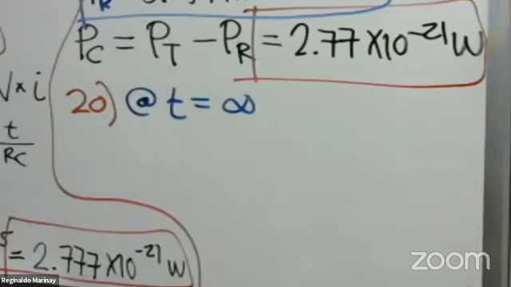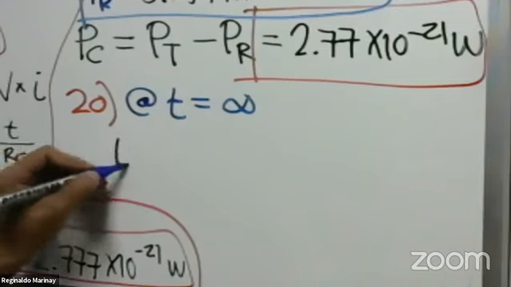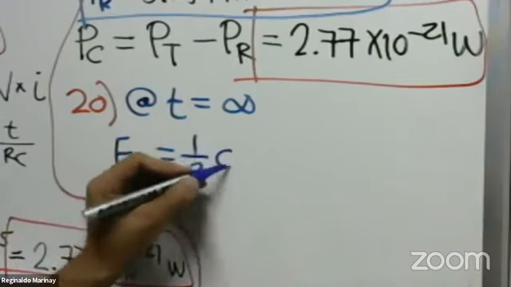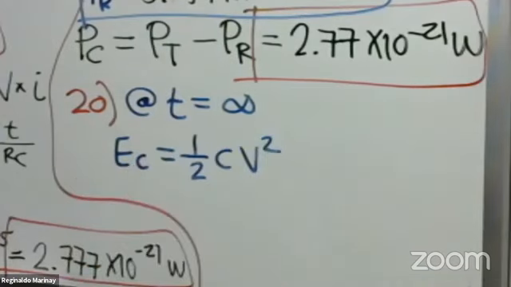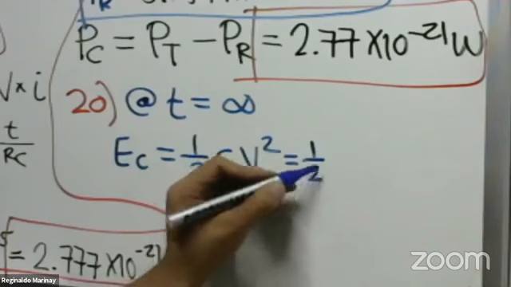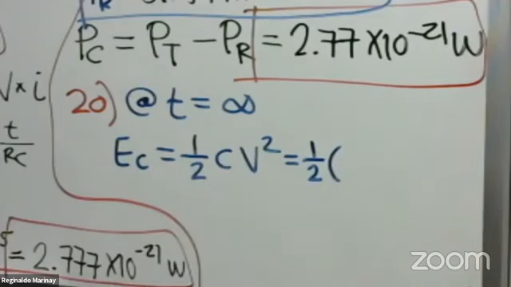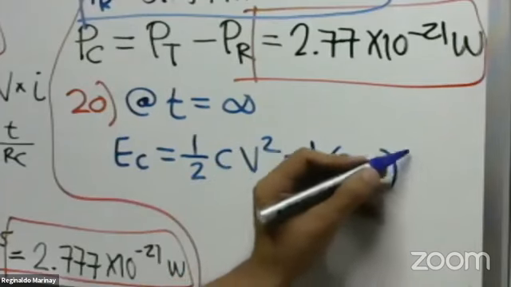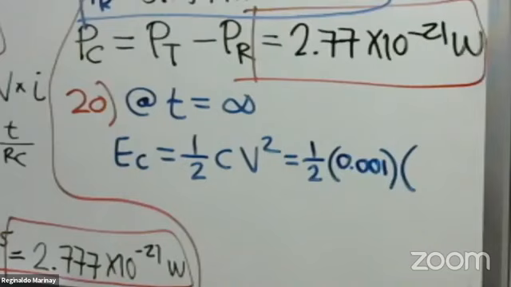Okay. This is a direct formula. The energy stored in the capacitor is simply 1/2 CV squared. Always remember that. So it is 1/2, C is 0.001. What is our voltage?